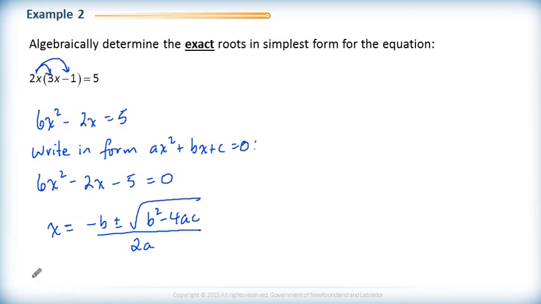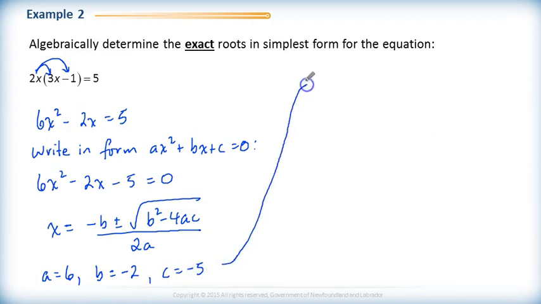Now, identifying our values of a, b, and c, we've got a equals 6, b equals negative 2, c equals negative 5. So we plug those into our formula. X equals negative of b, so it's the negative of negative 2, plus or minus the square root of negative 2 squared.